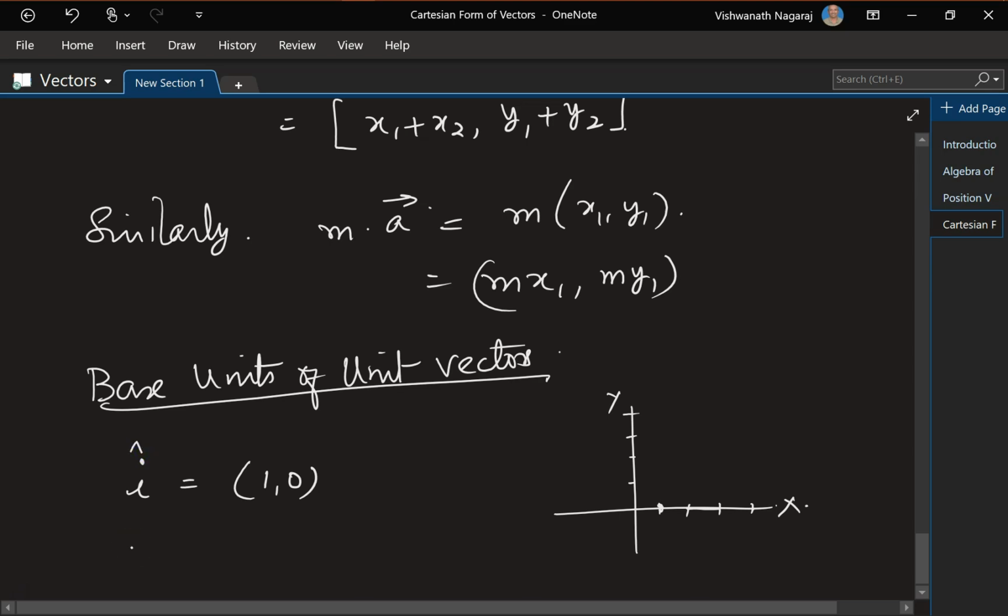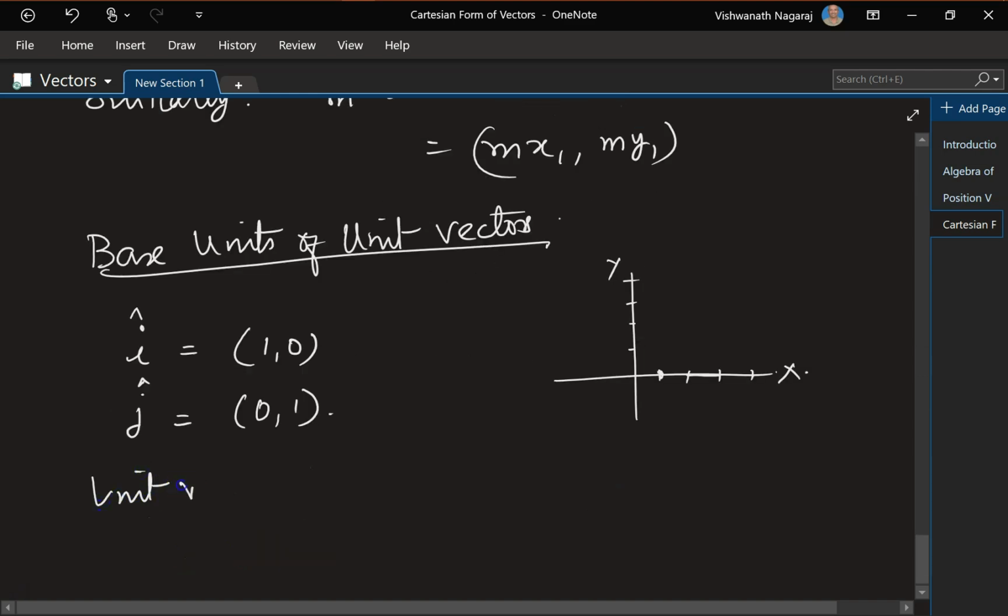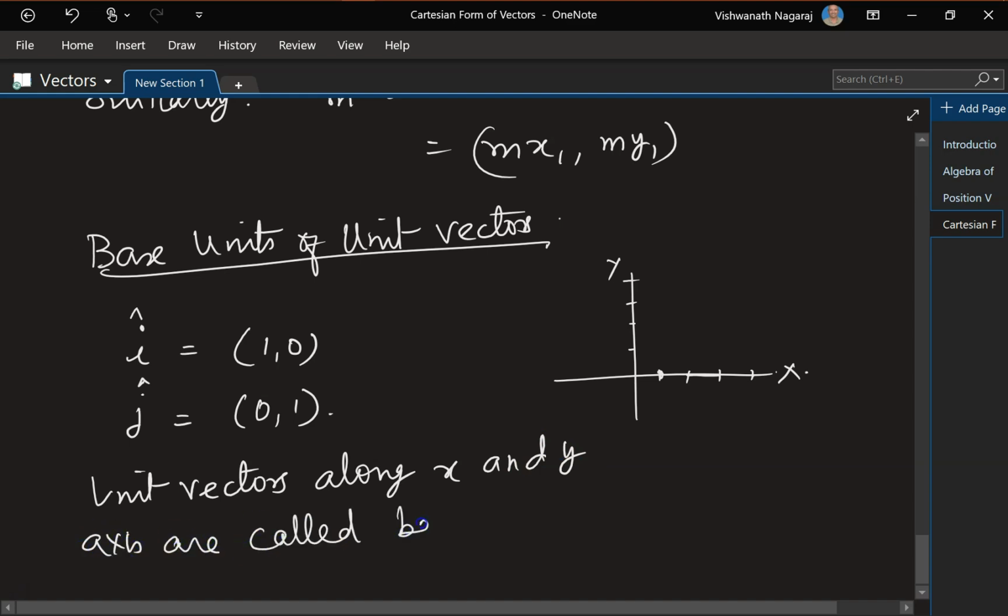Similarly, in the y direction, a special letter has been reserved for it. So j is in the y direction. So this would be 0, 1. So unit vectors along x and y axis are also called base vectors.